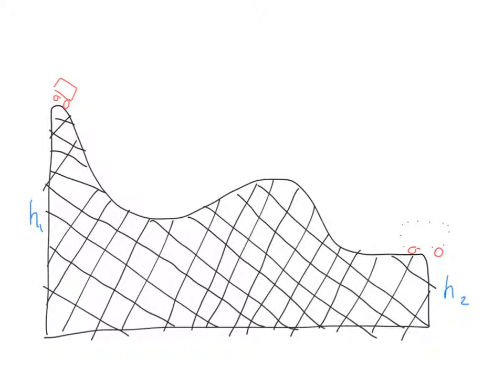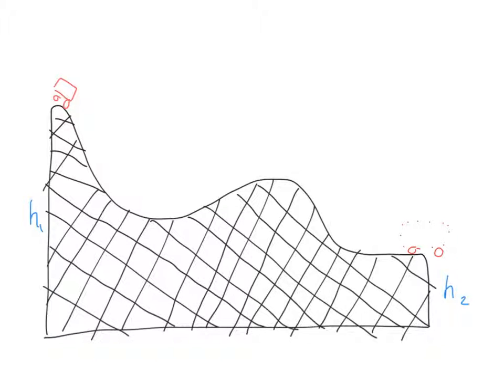If I know initial and final height, and if it's just barely getting to the top, that means no kinetic energy, it just barely stops up there. I know the final kinetic energy is 0, so I can figure out how much kinetic energy I need to make sure that it changes completely to potential energy, and I reach that high point there.